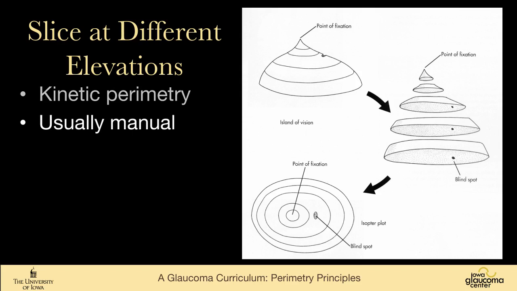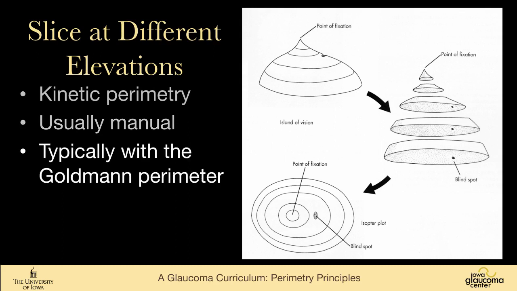This kind of testing is generally done manually, although it can be done by automated perimetry, and typically is what we do with the Goldmann perimeter. So people talk about Goldmann perimetry. It's really not accurate. It's manual kinetic perimetry, meaning it's done by hand and the target is moving.